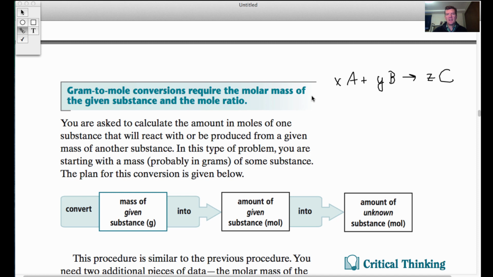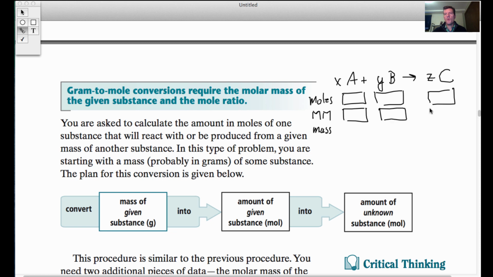But I suggest you talk about moles, molar mass, and mass. And if you want to go between these quantities, you're going to use molar mass to do that. And you're going to use the molar ratios.